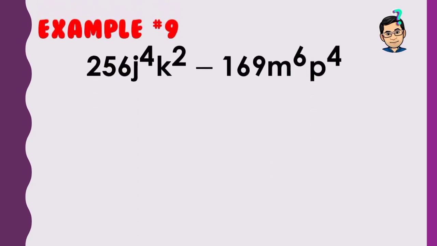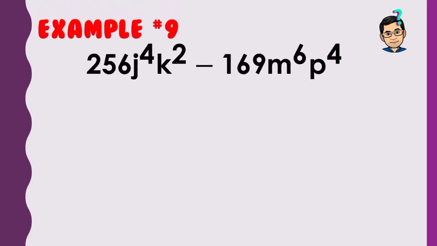So for our second to the last example, we have 256j to the 4th power k squared minus 169m to the 6th power p to the 4th power. So let's have the GCF. 256 and 169, the GCF is only 1.